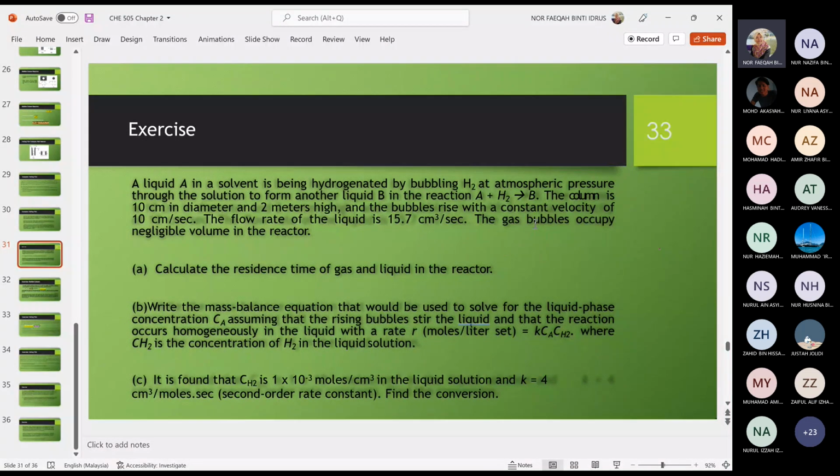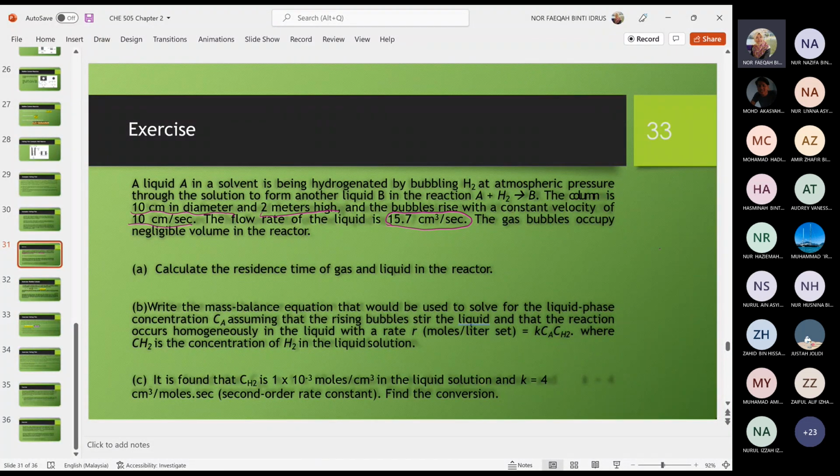The easiest question, because you have the height of the reactor and also the diameter given. The bubble rises with constant velocity, meaning the velocity of gas, and the volumetric flow rate of liquid is given. So the first question, calculate the residence time.